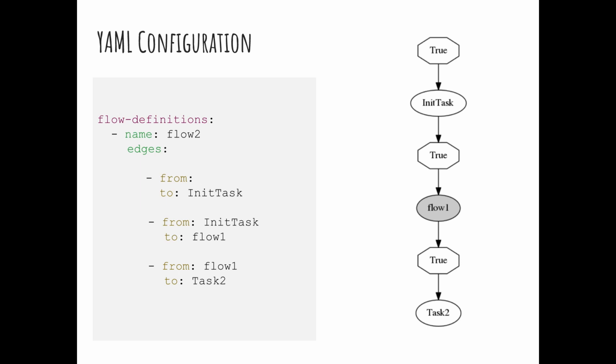That's also why you put a name for the flow definition. Okay, so in this case, we run some init task as a first task because there is no from node stated. And once init task finishes successfully, we run a nested flow 1 based on the configuration in the YAML configuration file. And once the whole flow 1 finishes successfully, we run task 2.